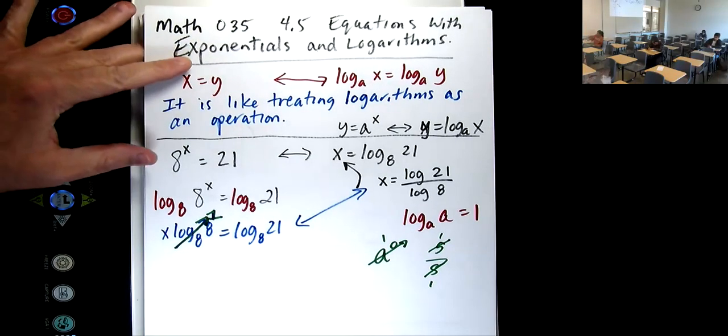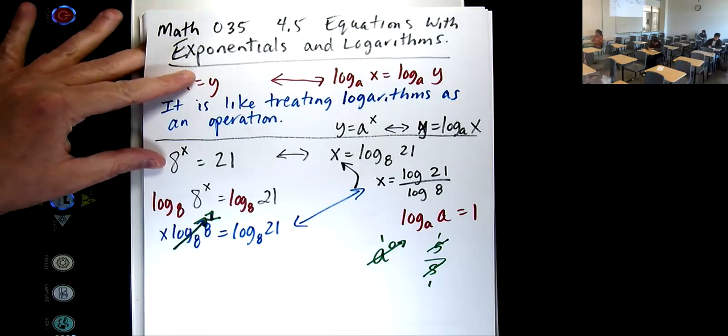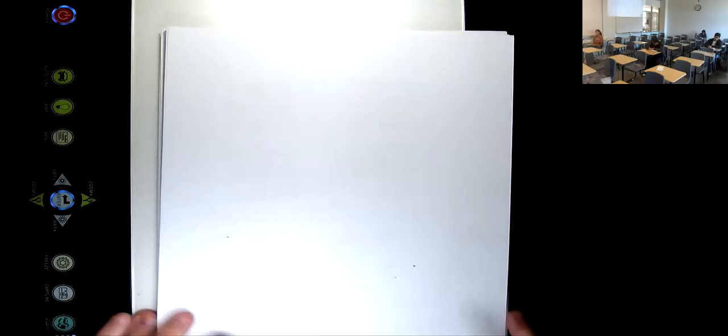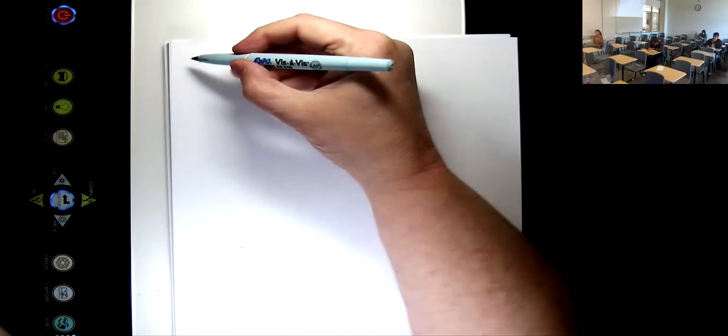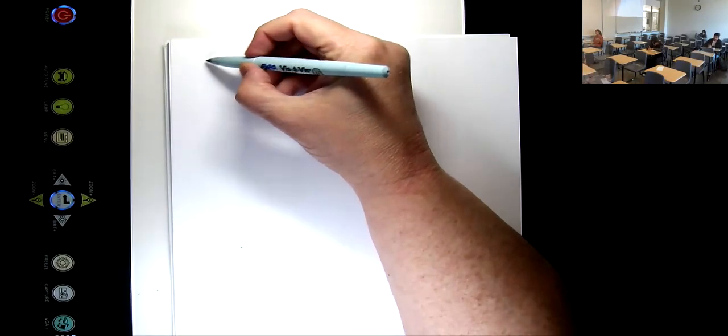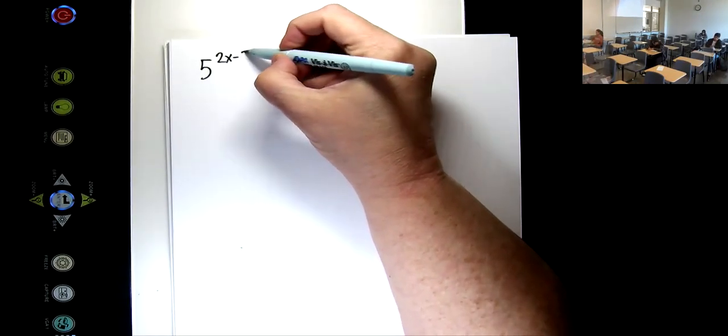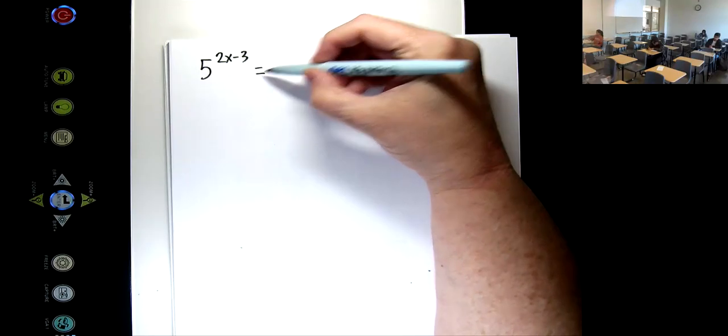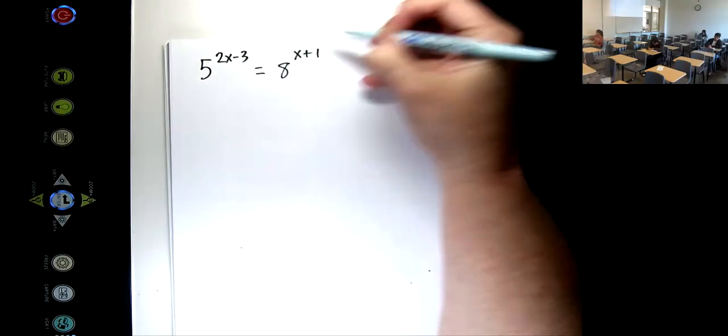All right, let's take a look at where it gets shiftier, where we can't even really use the exploits we've done here well, and taking the logarithm of both sides is definitely the way to go. What if we have something like 5 to the 2x minus 3 equals 8 to the x plus 1?